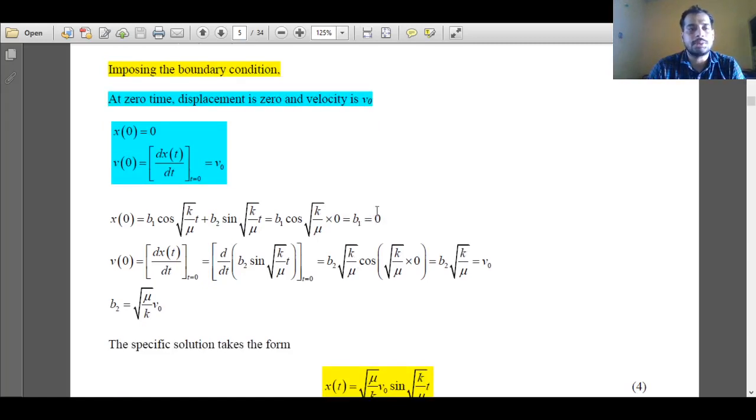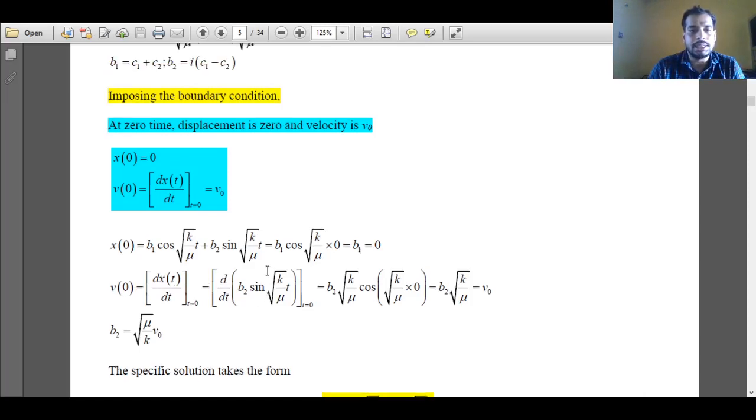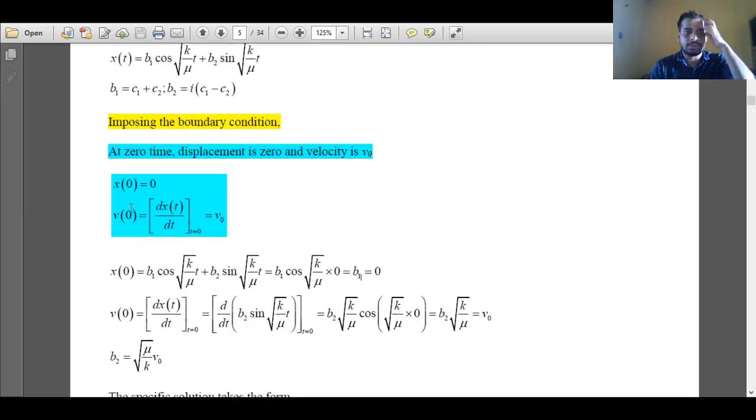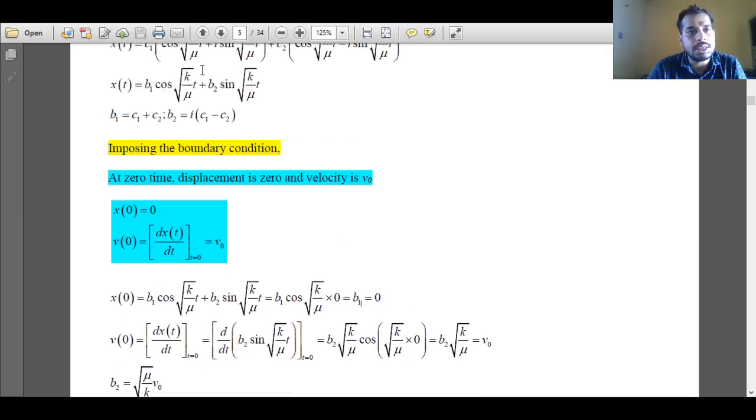Now with this information, I will apply the second boundary condition, the velocity at zero time. Velocity is the change in displacement with respect to time, and for time I will substitute 0. So d/dt of x(t). Now my x(t) has been reduced: from the first boundary condition, b1 is 0, so the first term goes to 0.